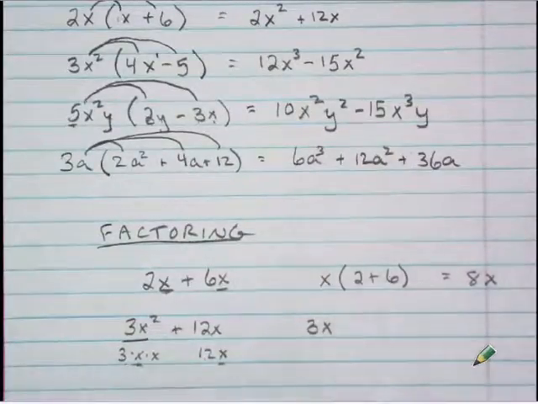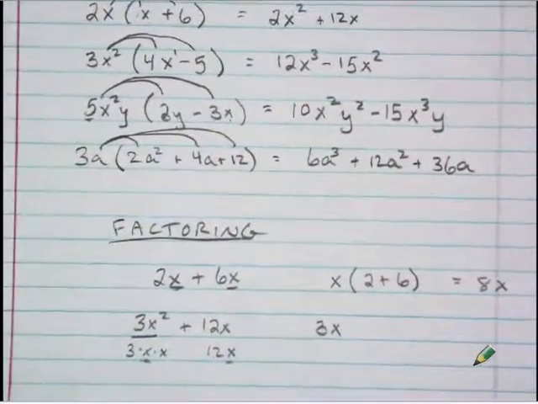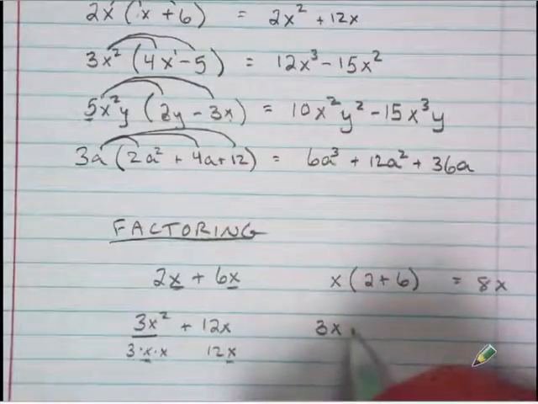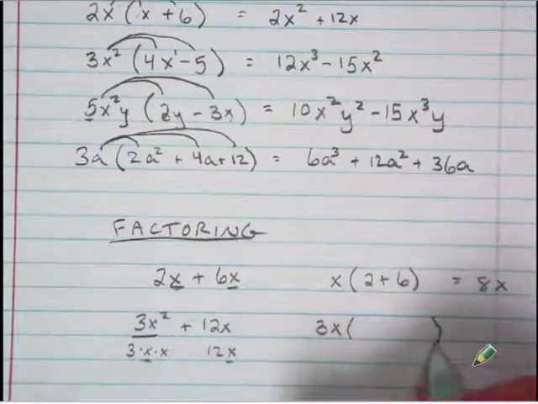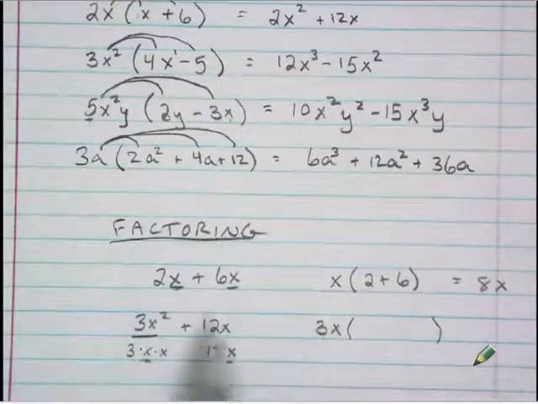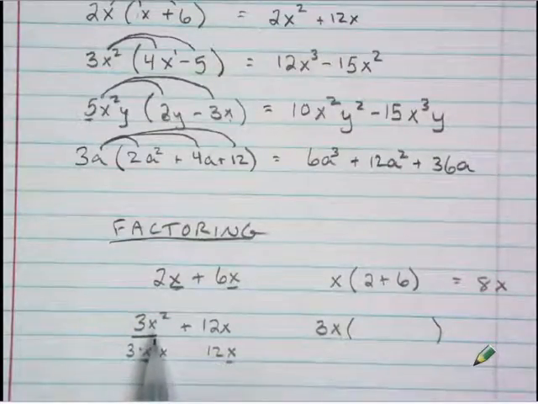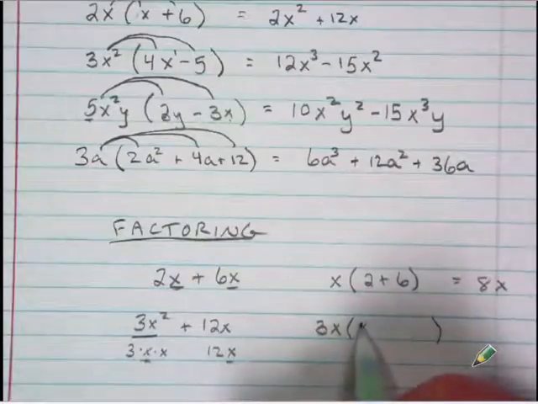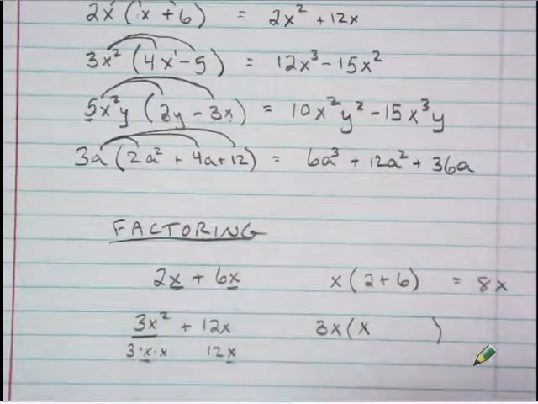Okay, so what that means is that I could think of this as a distribution problem where 3x was distributed into two terms. Well, what would those terms be? If I consider 3x times something is 3x squared, that would just be x. 3x times x is 3x squared.